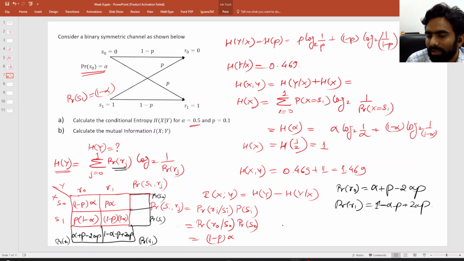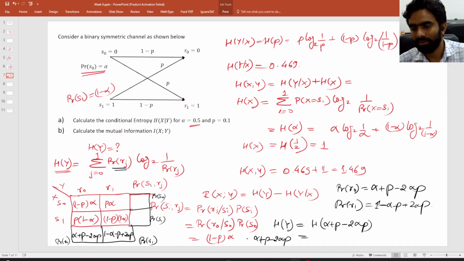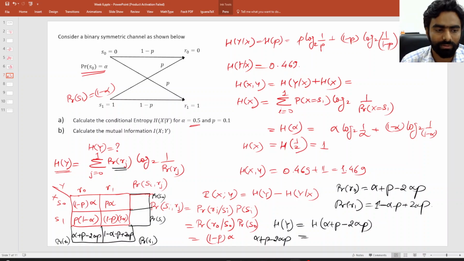So H of Y would be this one. You can directly write H of alpha plus P minus 2 alpha P. So calculate this quantity, alpha plus P minus 2 alpha P. Alpha is 0.5 and P is 0.1.